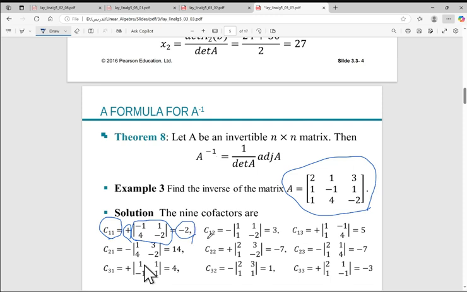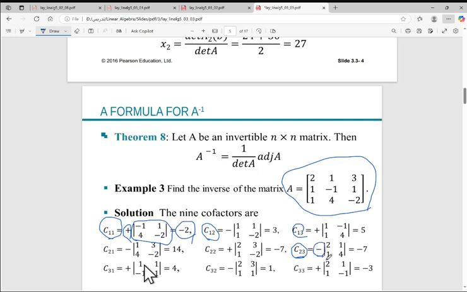In a similar way, you can compute C12, C13, and so on. For example, C23 equals -1 to the power of 2 plus 3, which is -1 to the power of 5, and it is -1, right?